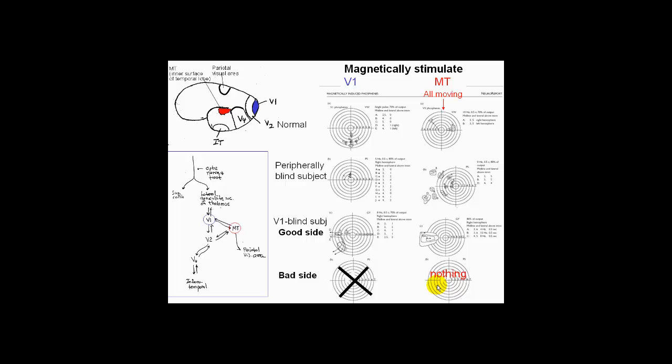That doesn't work if MT doesn't have the right parts of V1 there to function. So this again suggests some interaction between one region of the brain and primary visual cortex in the creation of a conscious perception of a visual stimulus.